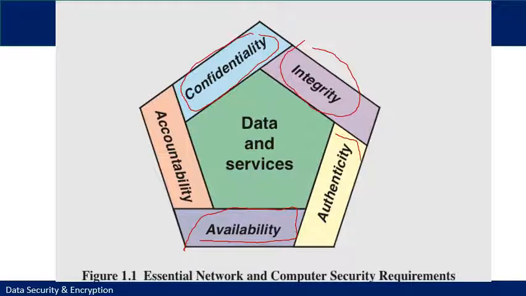Number one is authenticity, and number two is accountability. These are also considered two important factors along with the CIA. However, if you achieve the CIA, you must have achieved these two as well.